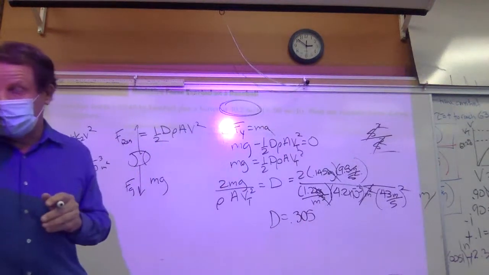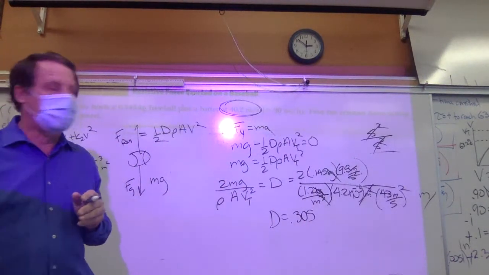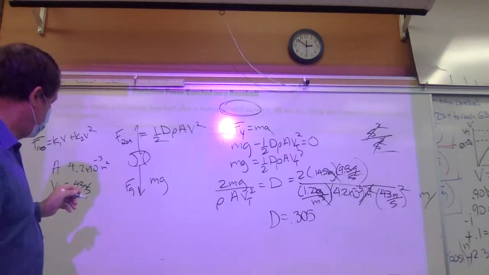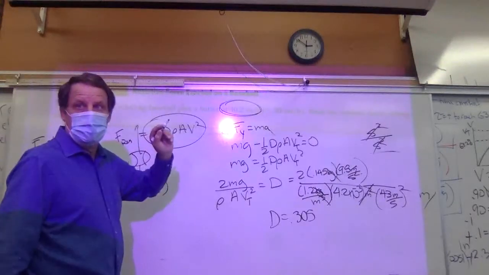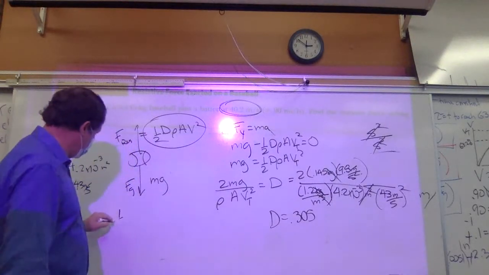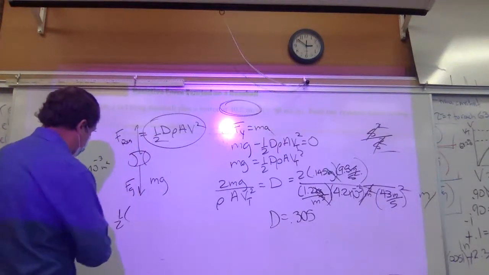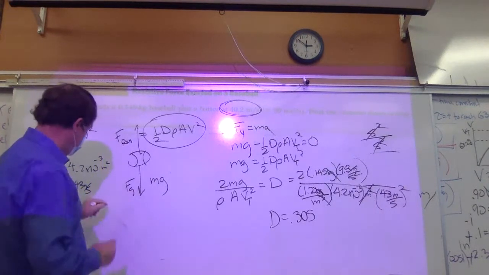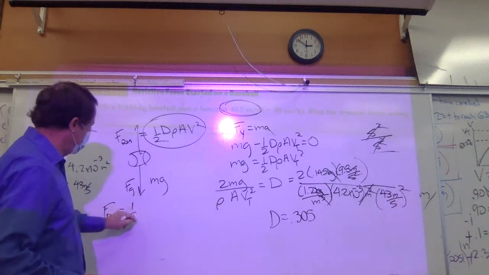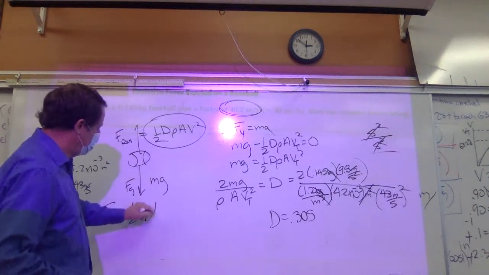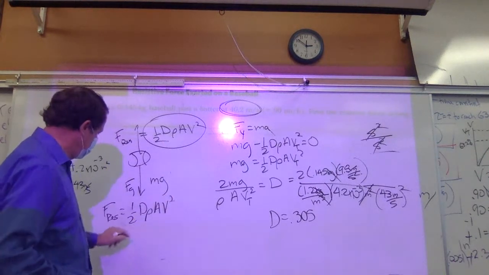at that speed, and now we can just do this equation right there. Let me rewrite that. Our resistive force is 1/2 D rho A v squared.